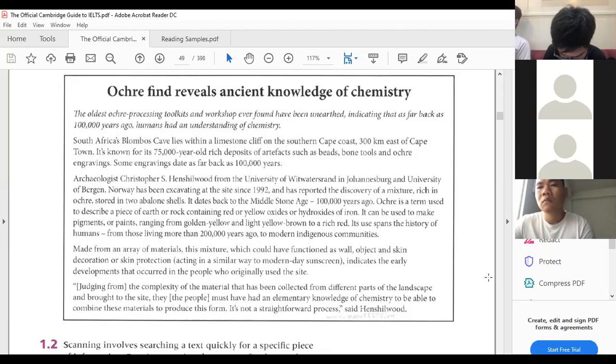Scanning, remember, do not read everything, just scan for the keywords that they gave you.